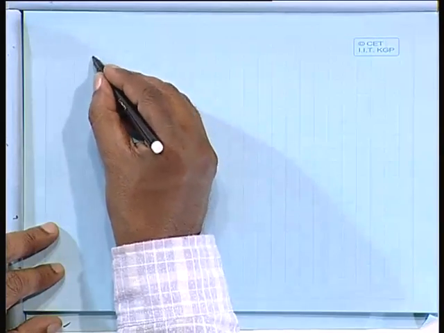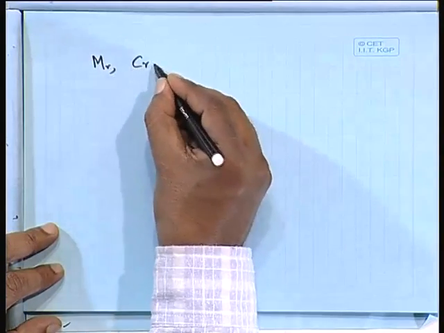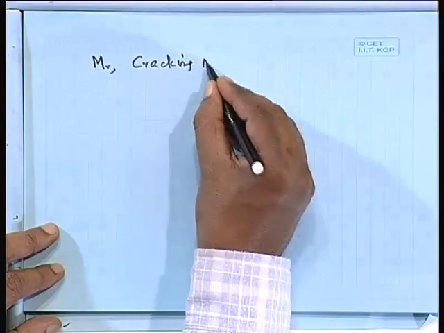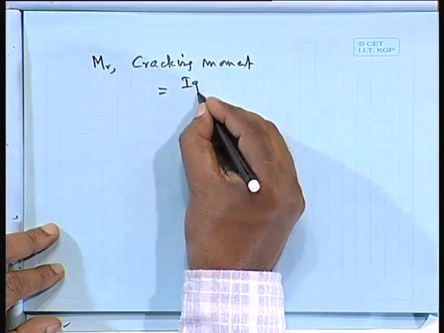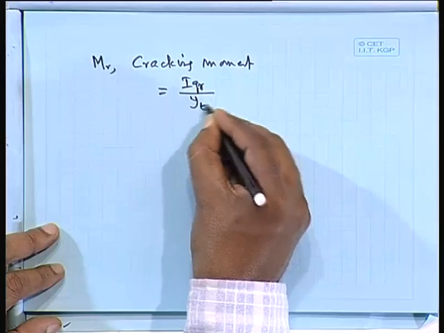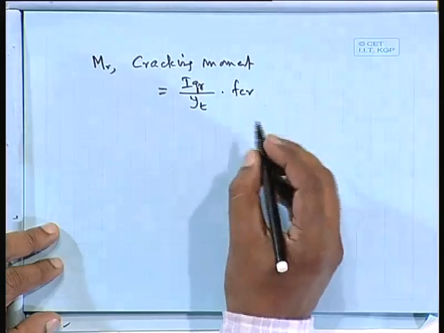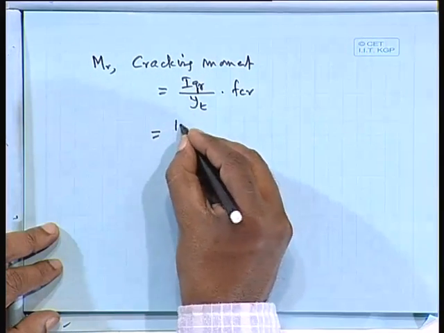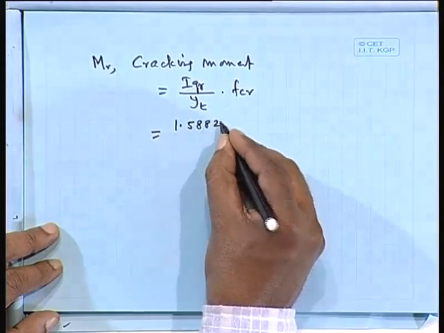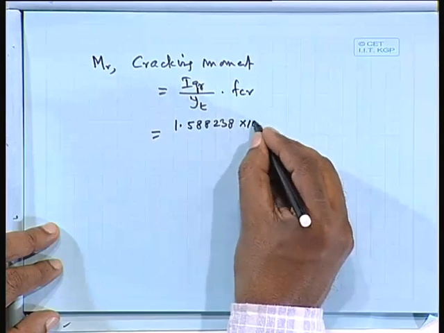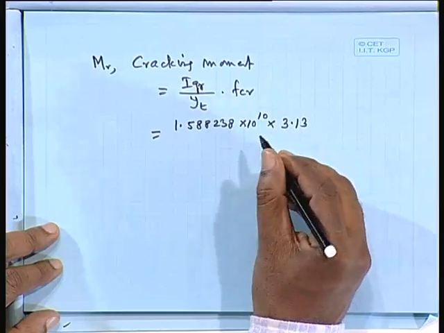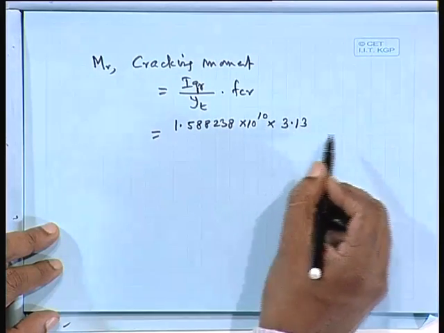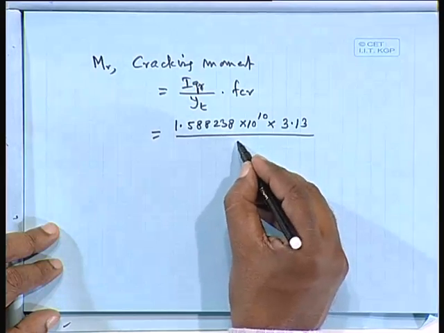So, what about your cracking moment? MR, the cracking moment, equal to IGR by YT times FCR, which equals 1.588238 into 10 to the power 10 into FCR, which we have calculated as 3.13 Newton per square millimeter from 0.7 root FCK, divided by YT, which is your 517.